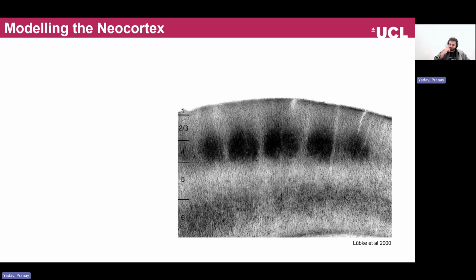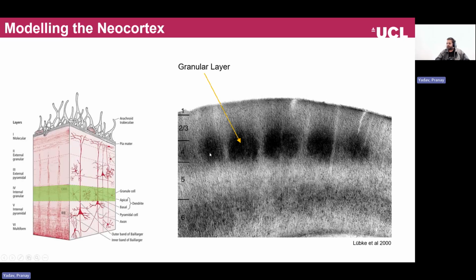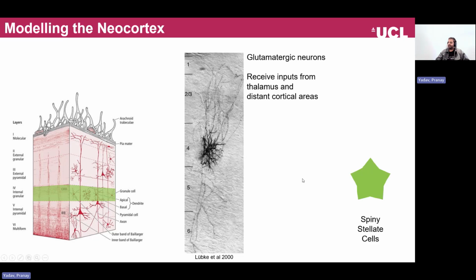Now, what is this model comprised of? We can start by modeling the neocortex, which consists of these six layers. Specifically, we can look at one unit or one column of the cortex. Layer 4 consists of these granular patches, and hence it's called the granular layer. This granular layer consists of spiny stellate cells, which look like this.